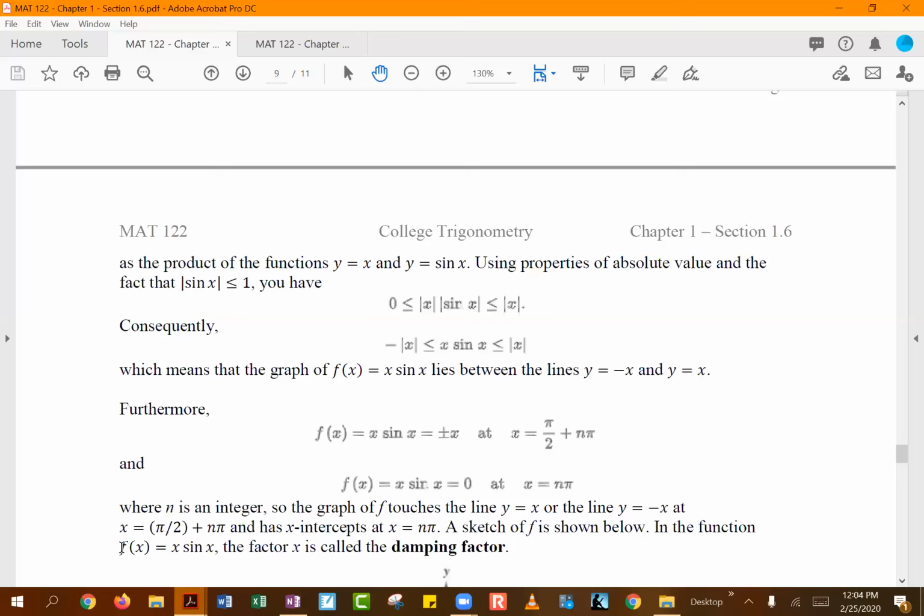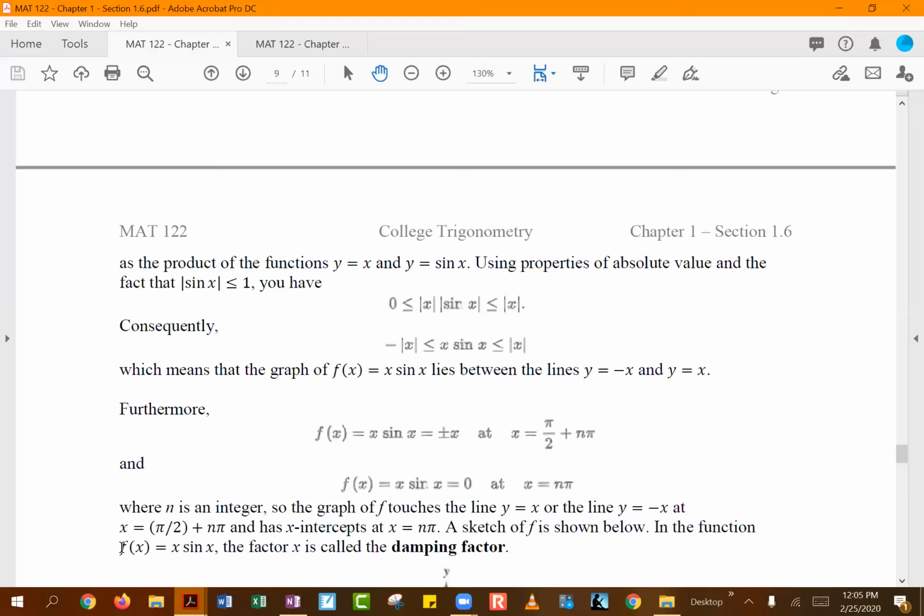You know how we set up absolute value functions, if you remember this from college algebra, we always take the absolute value and set it equal to a positive number first, and then for the other part, we say it can also be negative, because with absolute value, the idea is what's the distance from 0, right? You can have that same distance on the positive side or negative side. So we're using that property right here when we say negative absolute value of x is less than or equal to x times sine of x less than or equal to absolute value of x.